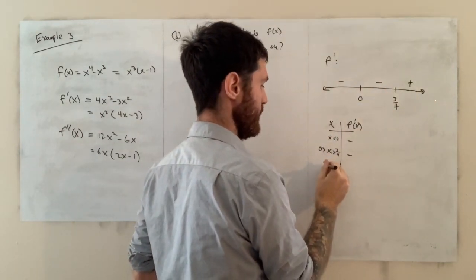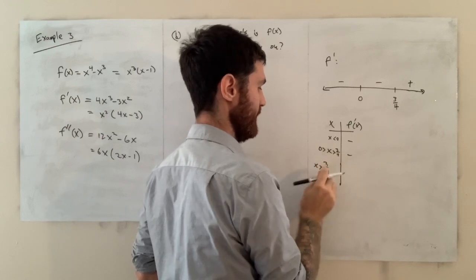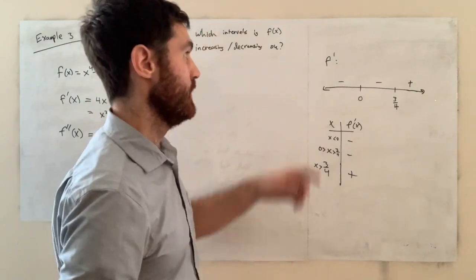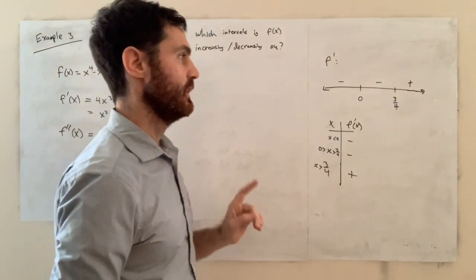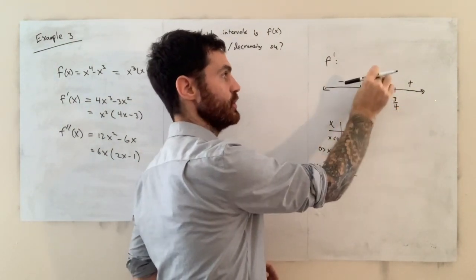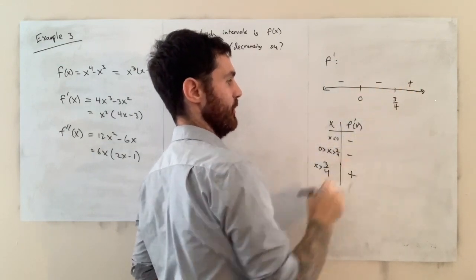So we know that if x is greater than 3/4, you have to get positive values. And you can verify that by plugging a test point in if you want. But again, the conceptual thing is we know this is a minimum value, so our function itself can't keep decreasing at that point.